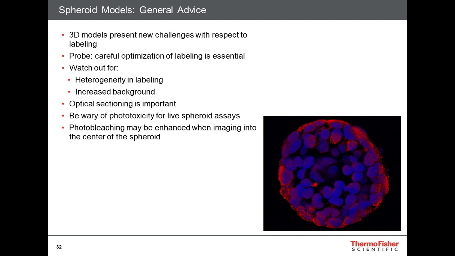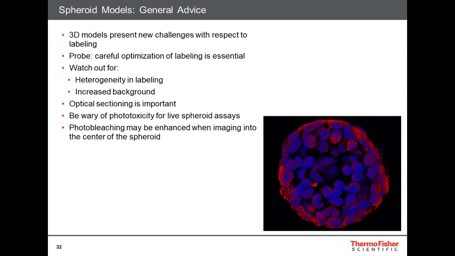And things we're looking out for are heterogeneity in labeling. Potentially that could be higher signal on the exterior of our structures as our dyes don't penetrate, or we can see increased backgrounds from these thicker structures.